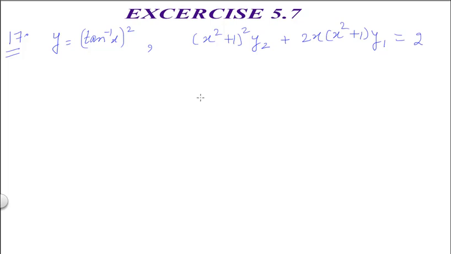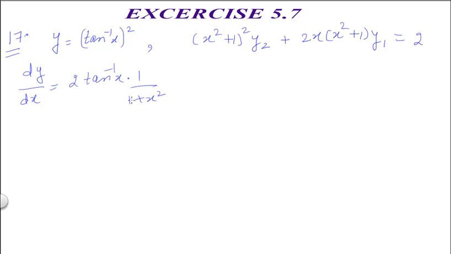Let us do that. So we will differentiate our equation y equals tan inverse x whole square with respect to x. We get dy by dx equal to, first the power function we will differentiate to 2 tan inverse x, and of tan inverse x it is 1 upon 1 plus x square.